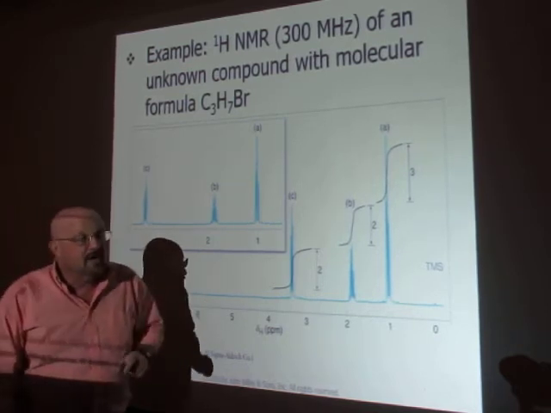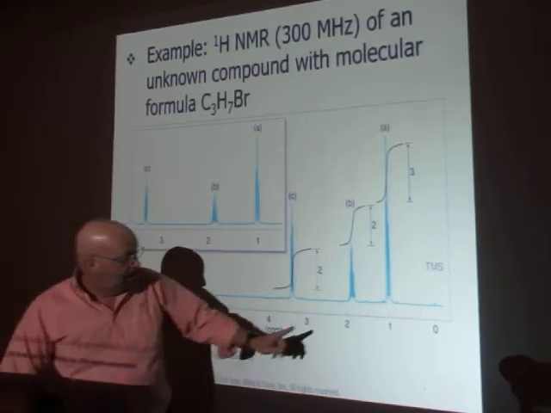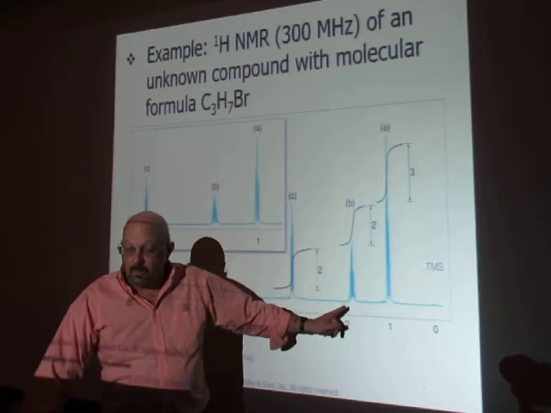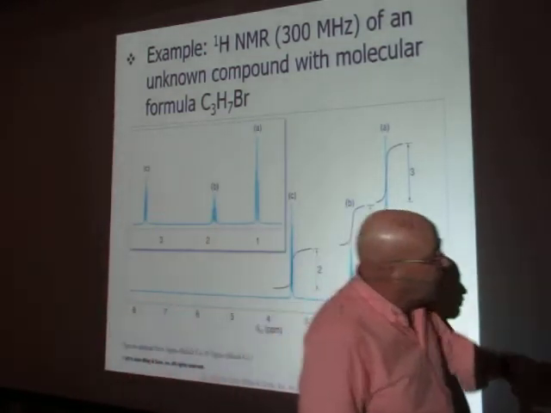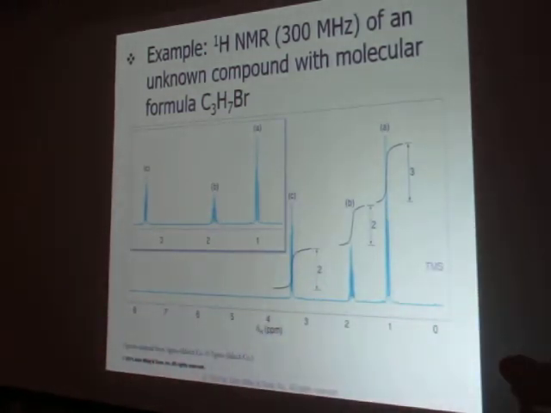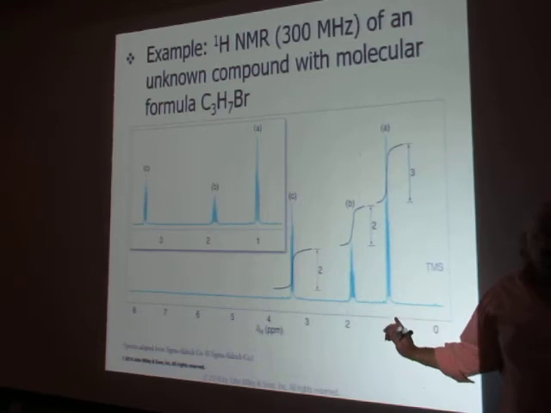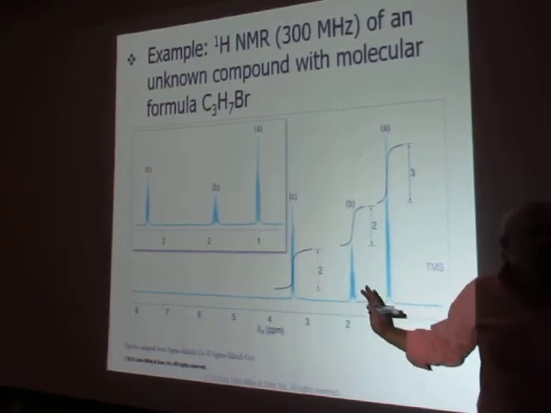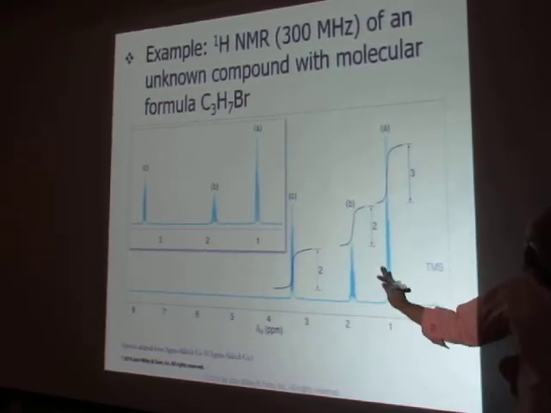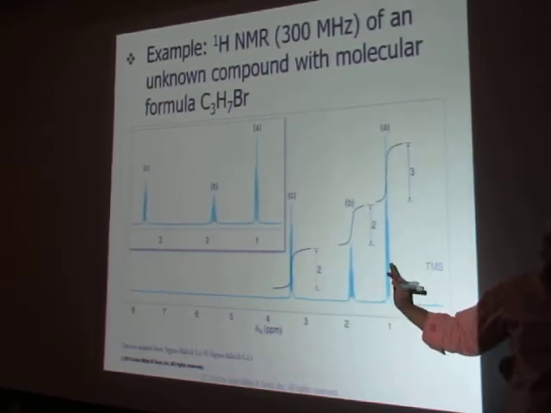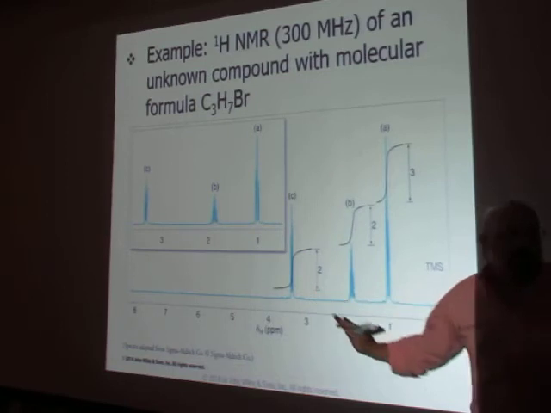Now that chemical shift kind of confused us because these up here look like a hydrogen on a carbon next to a double bond. But if you look at the structure, the bromine here shifted these hydrogens on this CH2 all the way down to here. But then it shifted the hydrogens on this CH2 just a little bit. Here's where a normal alkane comes. And if you're a hydrogen on a carbon attached to that bromine, you got shifted all the way down here.